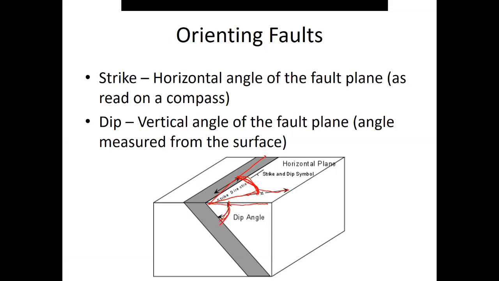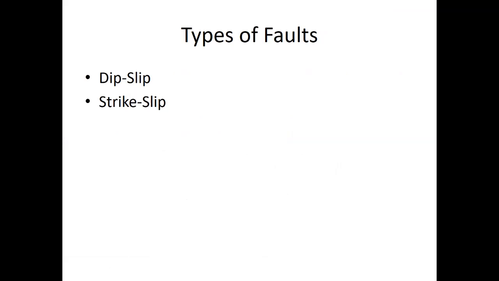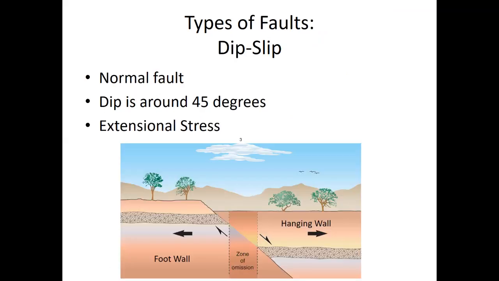This angle here is the dip angle. So there are two types of faults: dip slip faults and strike slip faults. Dip slip faults are faults where the slip is in the direction of the dip. And strike slip faults are faults where the slip is in the direction of the strike.